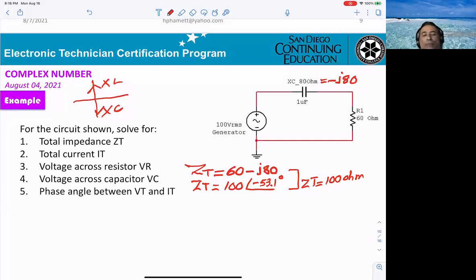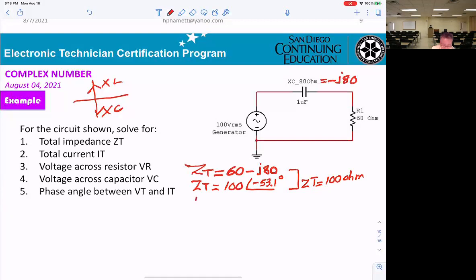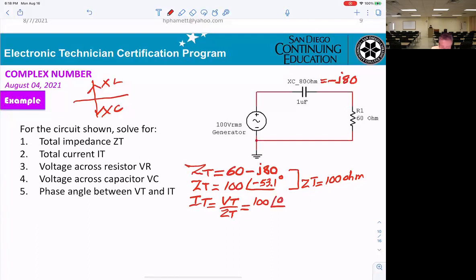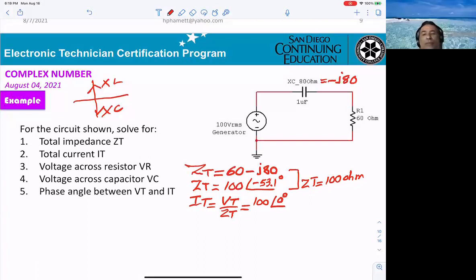Now, if I calculate IT, VT is 100. However, they're not giving you an angle, so it will be 0 degrees, the reference.